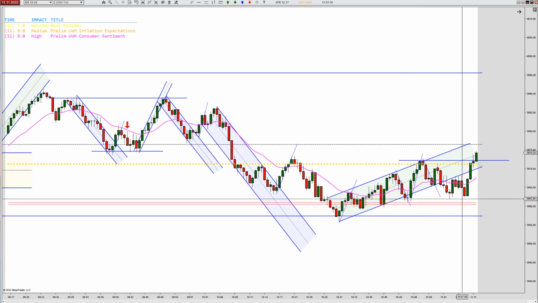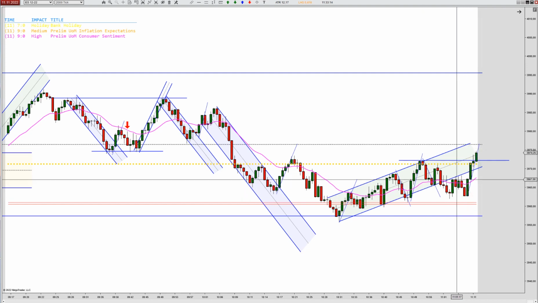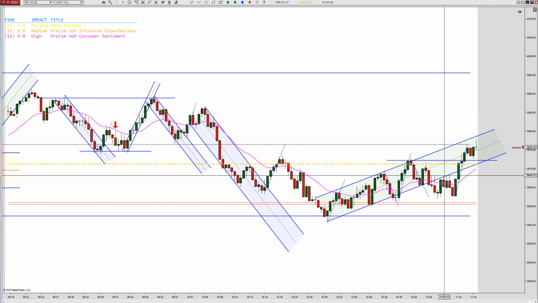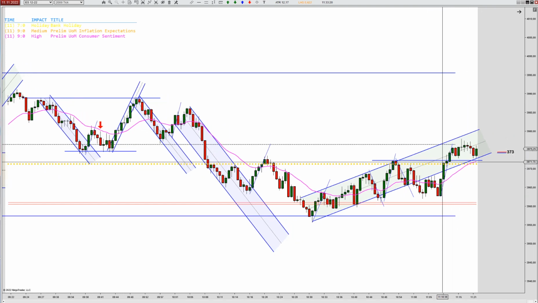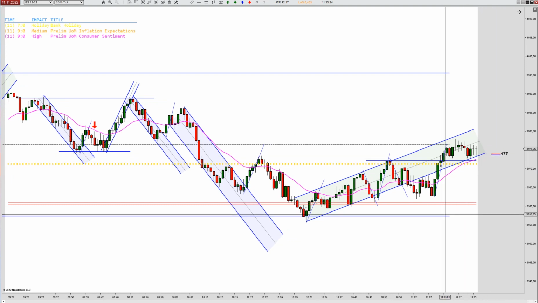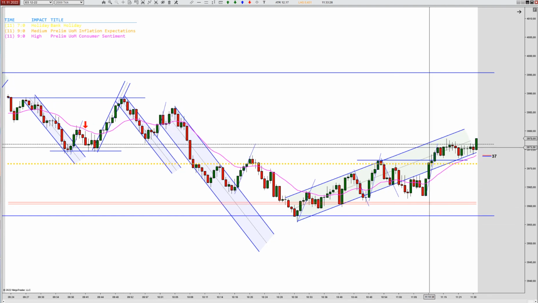We're going higher. There's no setup here. Retesting the highs and going further. This is live price action already. And this is congestion.